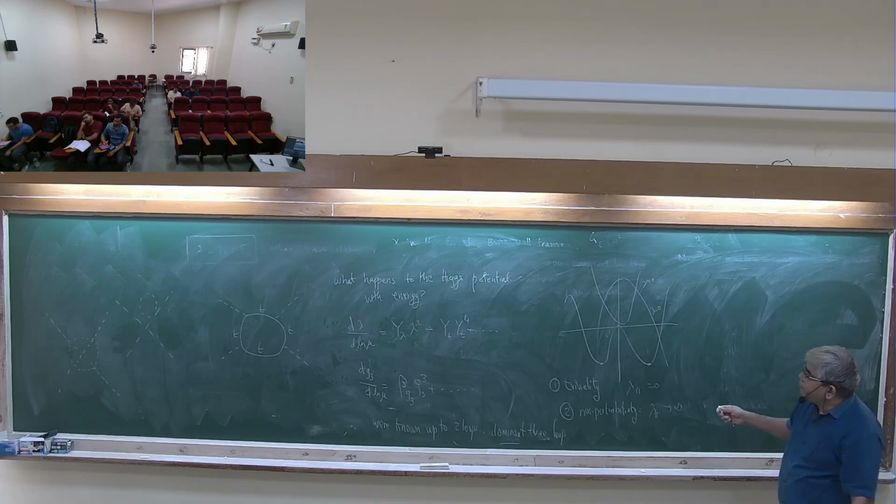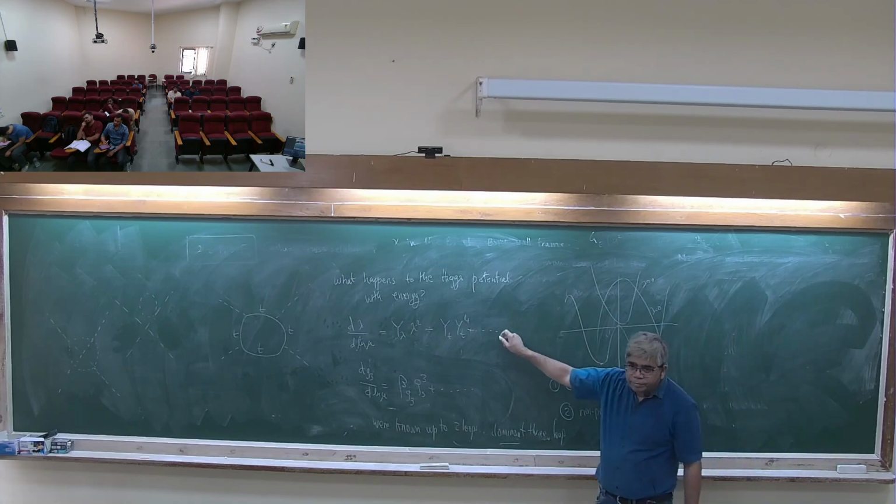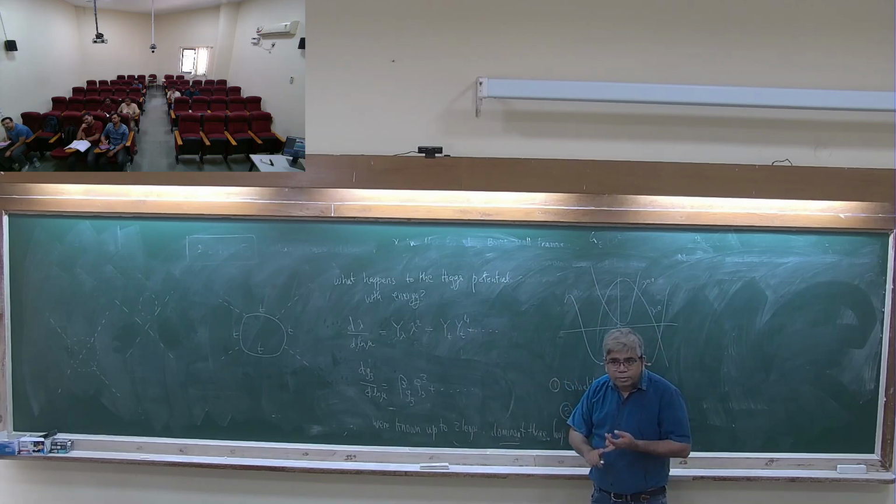So are there any parameter ranges? Remember, when they started this program, they didn't know what the Higgs mass was, they didn't know the top mass, they didn't know anything essentially.